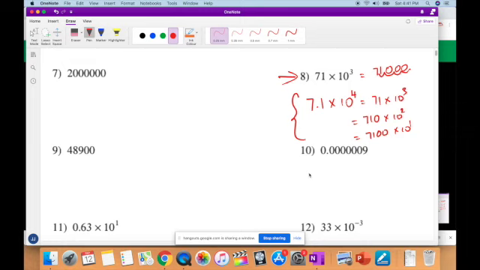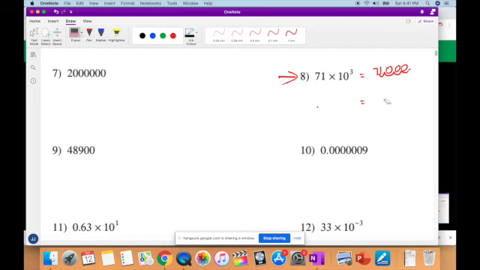Caitlin, how do you feel about this one? You want me to explain it again? Yes, please. Alright. So we have here 71 times 10 to the 3. It is not in standard form. We know for standard form we want 7.1 times 10 to the something.